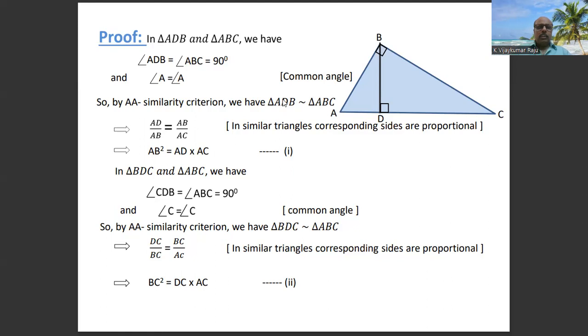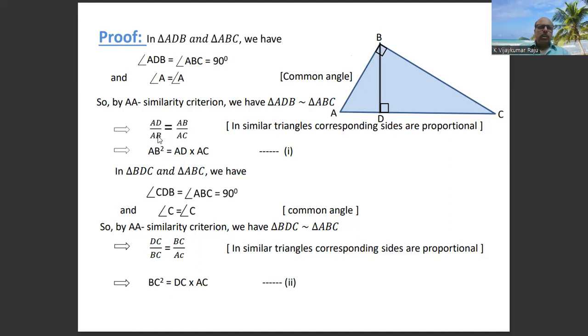If these two triangles are similar, then the ratio of the corresponding sides must be equal. So I take the base and the hypotenuse of this small triangle. Base is AD, hypotenuse is AB. So AD upon AB must be equal to, when I take the full triangle, AB as the base and hypotenuse AC, because for the bigger triangle ABC, the hypotenuse is AC.